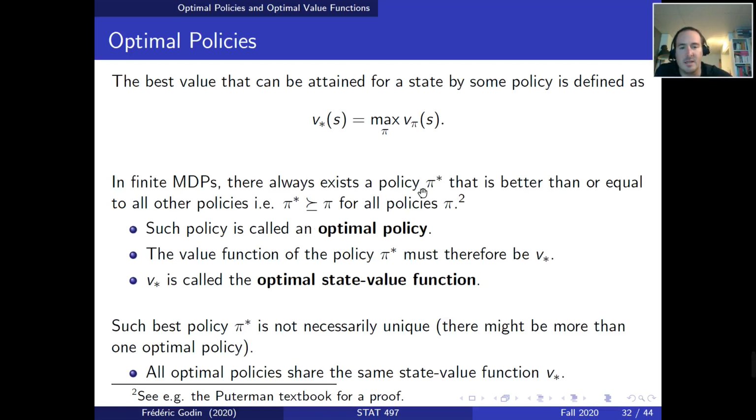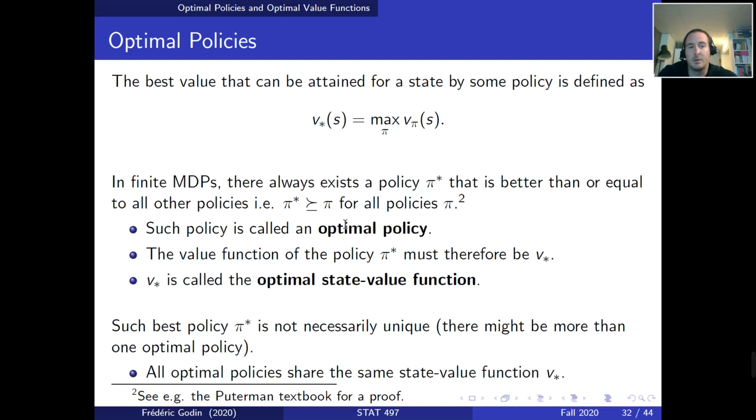So there exists a policy which is better than all other policies, and by better it means that it gives the highest value of the state for all states.